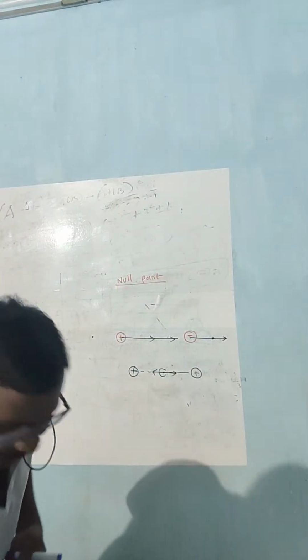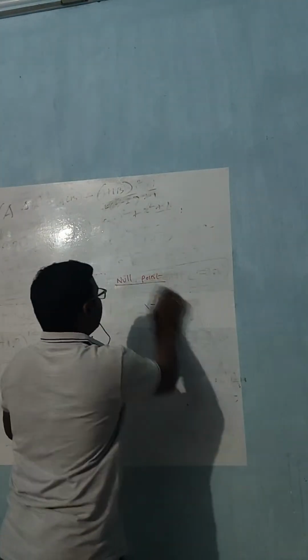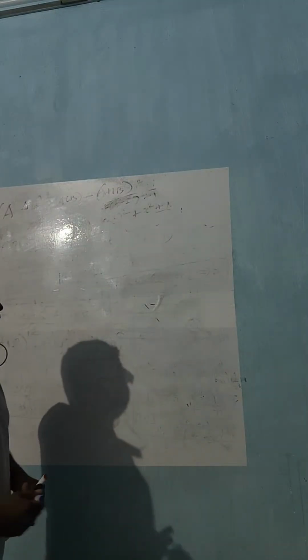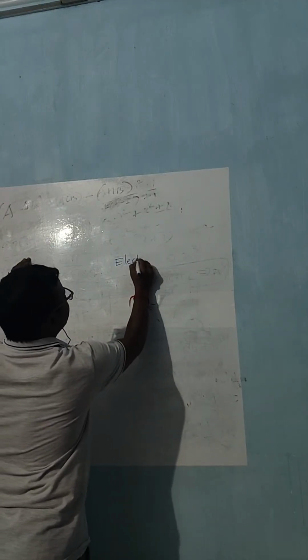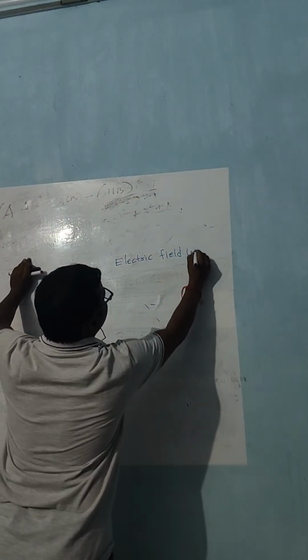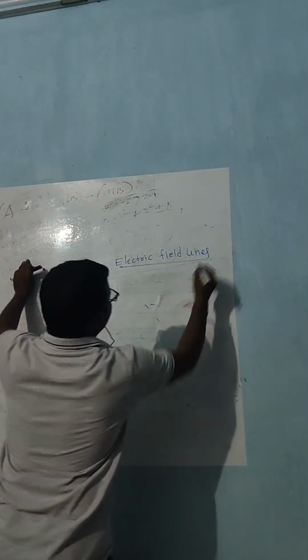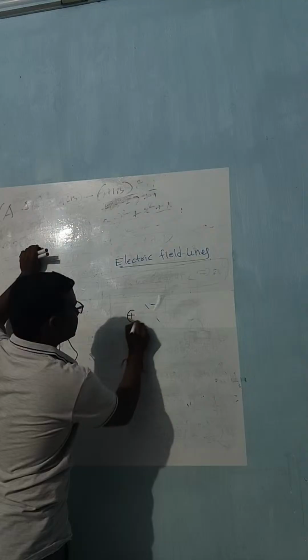And one of the important topics I will discuss is electric field lines. What are electric field lines? So let us see. Already I told you, this is a positive charge.